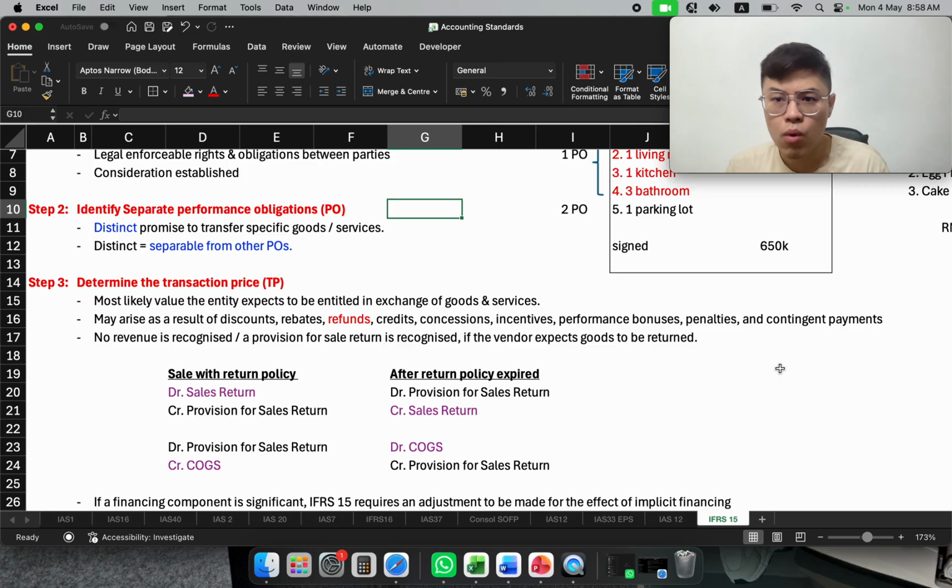The answer is no, because anytime the customer is not happy, they are going to come back and return the goods to us and seek a refund. Therefore, there is an obligation in the contract.